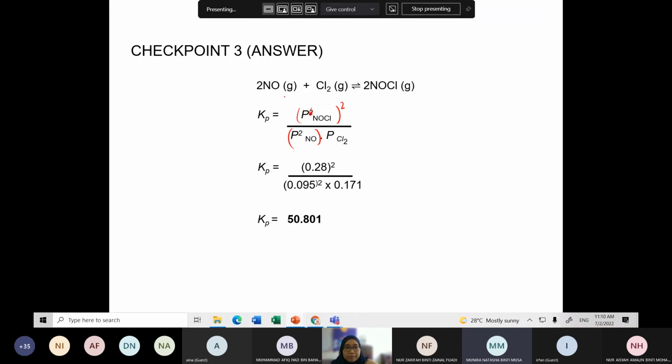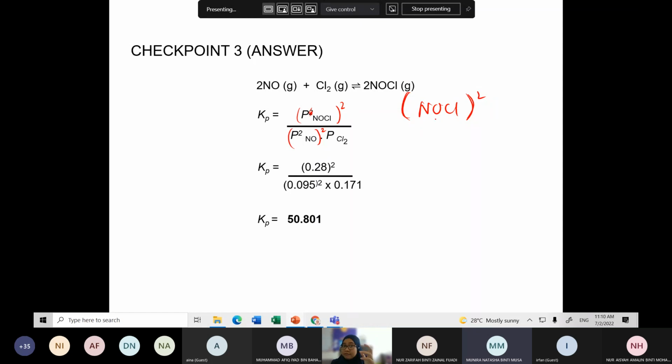So dia ada power kan? PNO is also power of 2. Sebenarnya ni dekat luar ni, dia begini. So you have to have the pressure there. If you don't have pressure, you ada NOCl macam tu sahaja, that is wrong. Apa ni bracket ni menunjukkan apa? NOCl apa?